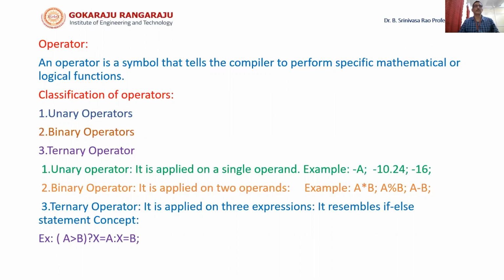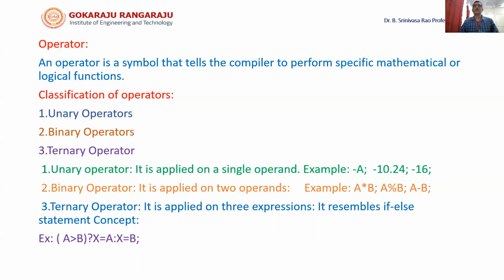Within the parenthesis, there is an expression A is greater than B. Then there is a question mark symbol. Then there is another expression x is equal to A. Then colon, and again another expression x is equal to B.